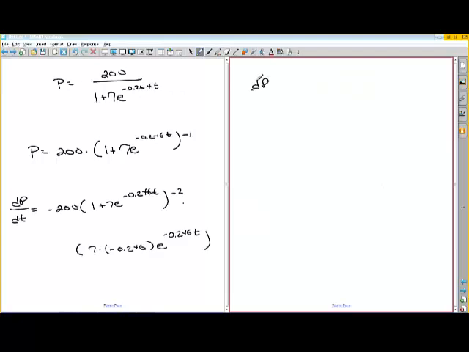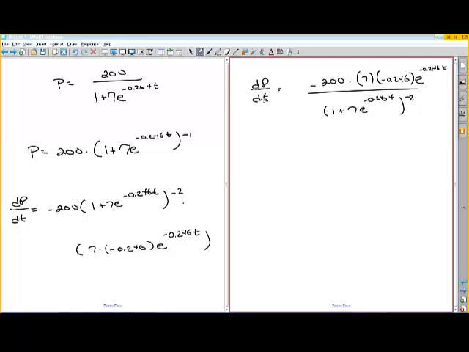So if we rewrite this dp dt, this part goes to the denominator, and we don't even have to worry about it anymore as far as finding a minimum. So we just have (1 plus 7e to the minus 0.246 t) to the minus 2 power. Oh, I keep doing that. And up here we have 7 times negative 0.246 times e to the negative 0.246 t.